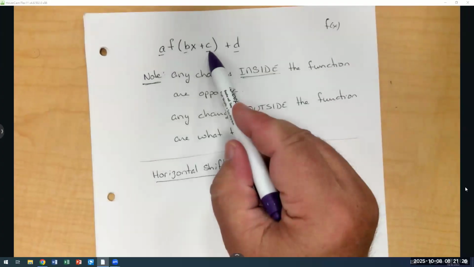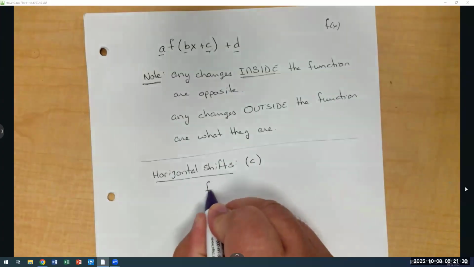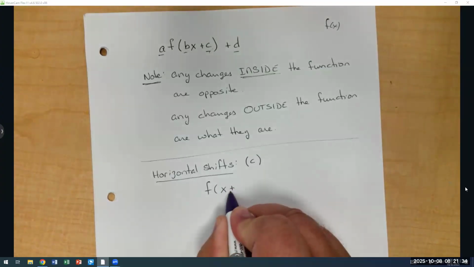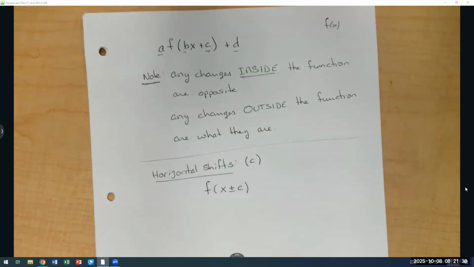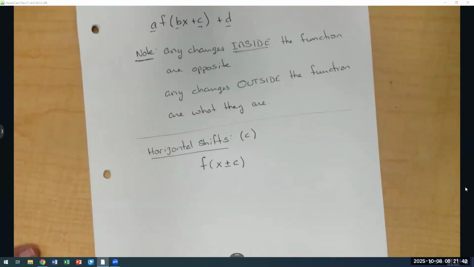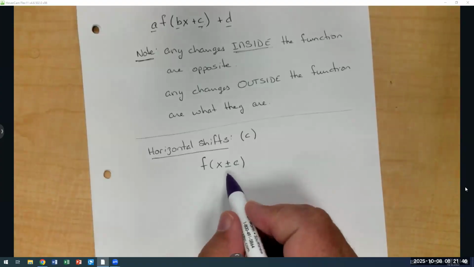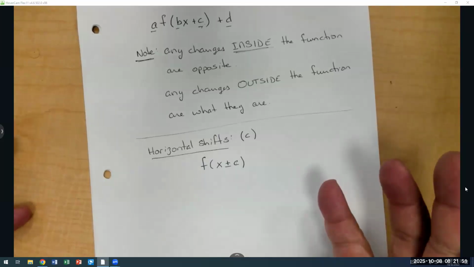This value right here. Notice, C is inside the function. How do we know it's inside the function? It's inside the parentheses.